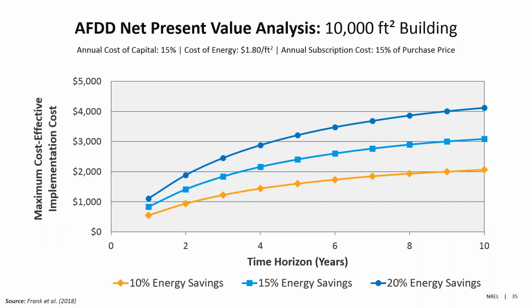Also for small buildings, there's a real challenge regarding cost. With traditional rule-based systems, you have a lot of engineering labor that's required to set up and configure all of the rules.